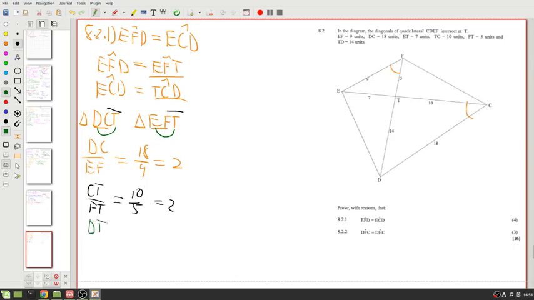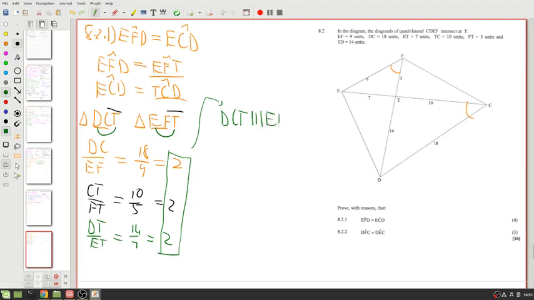So DT to ET, that is DT is 14 and ET is 7. So 14 to 7, that's also 2. So because these ratios are all the same, we know that those triangles are similar. So we can say that DCT is similar to EFT.